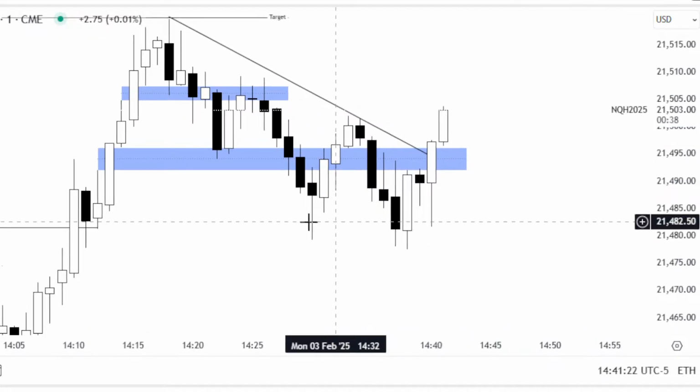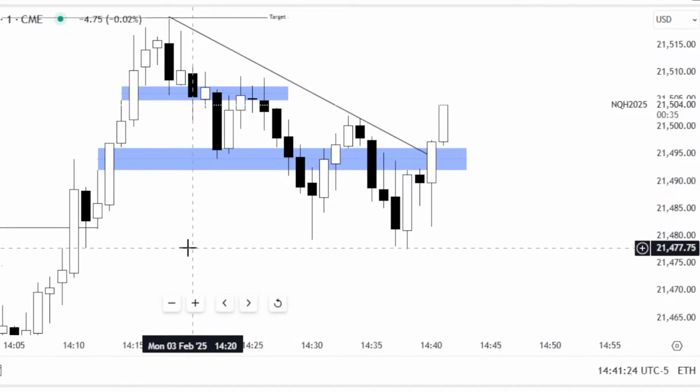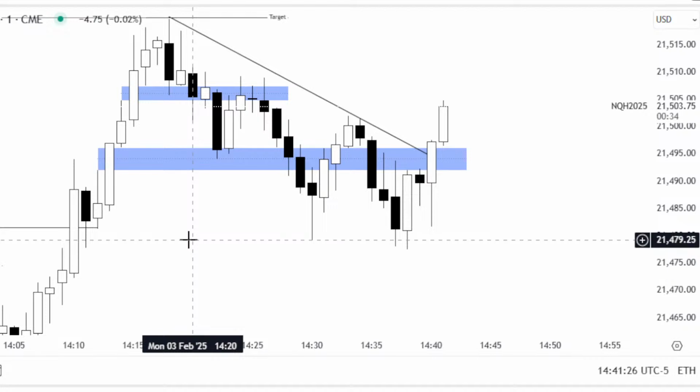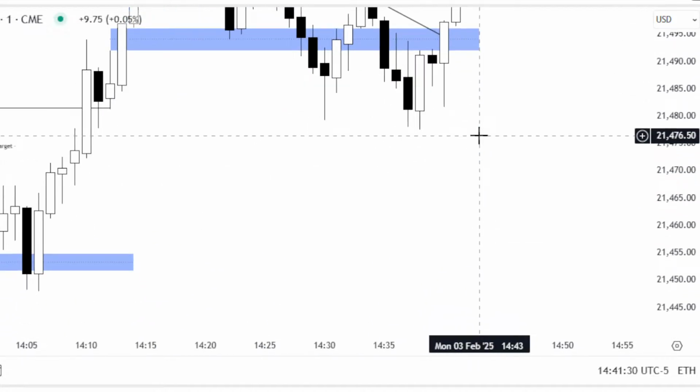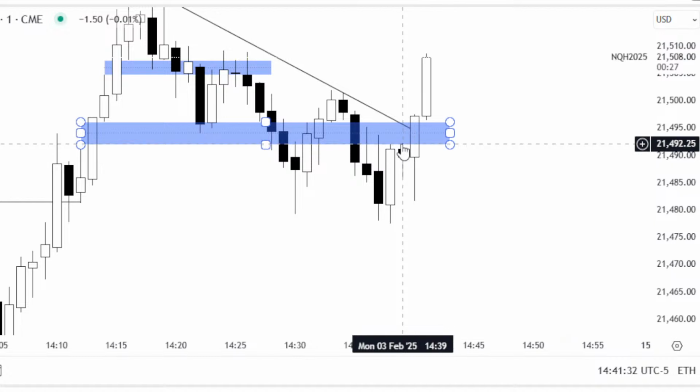Guys, I guess it is what it is, right? Sometimes you gotta take money off the table, and again, there's your white candle, black candle.